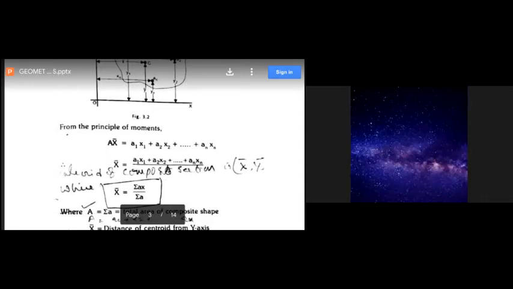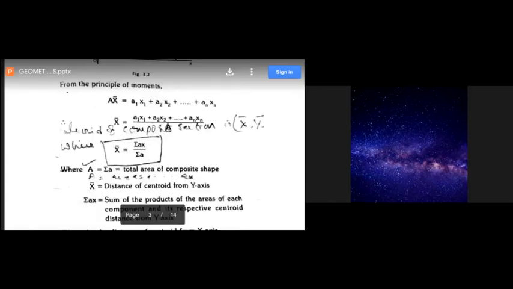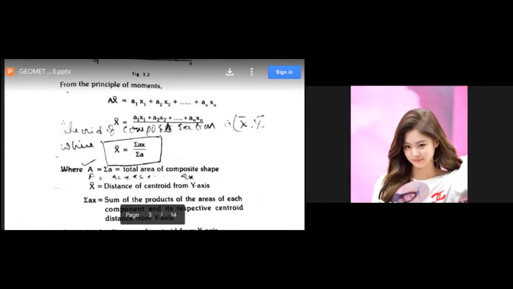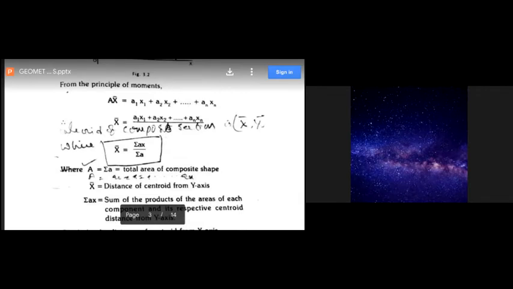We can write the x component of the centroid of the composite section as x bar and y bar, where x bar is equal to sigma Ax by sigma A, where sigma A, that is capital A, is the total area of the composite shape, capital A equal to A1 plus A2 plus A3 and so on, An.